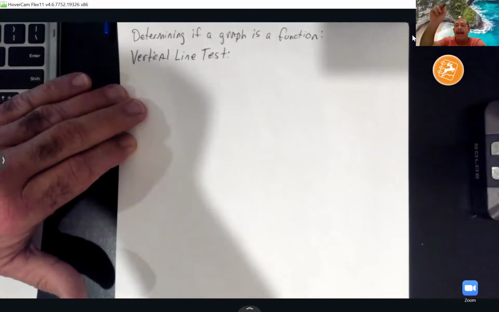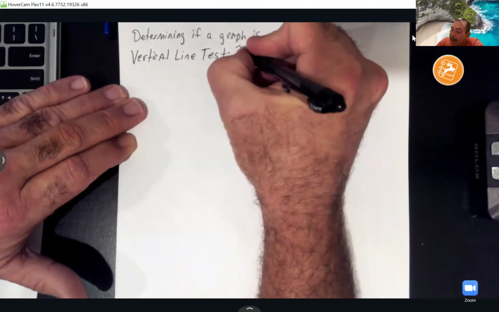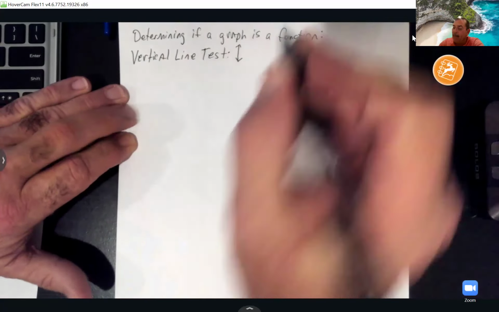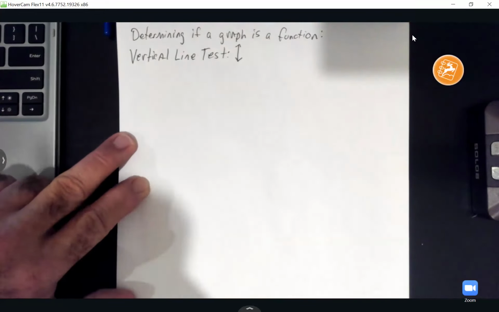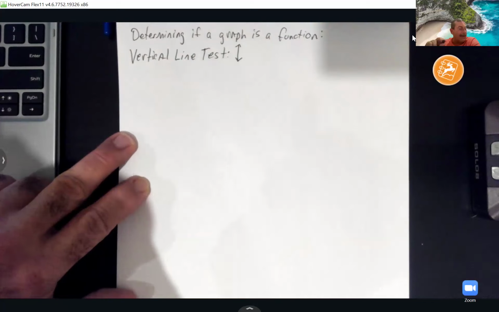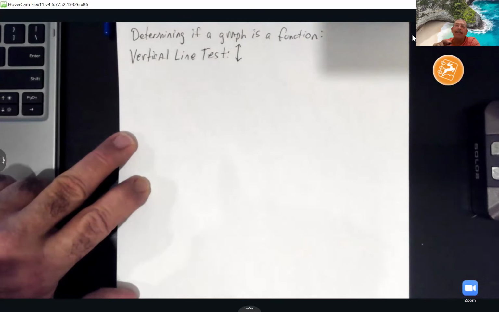And y'all remember vertical lines go straight up and down, right? So a vertical line is straight up and down. So here's the thing. I can use a vertical line to determine if a graph is a function or not.